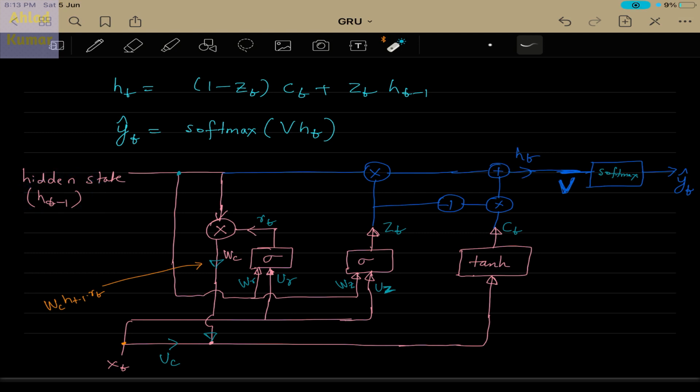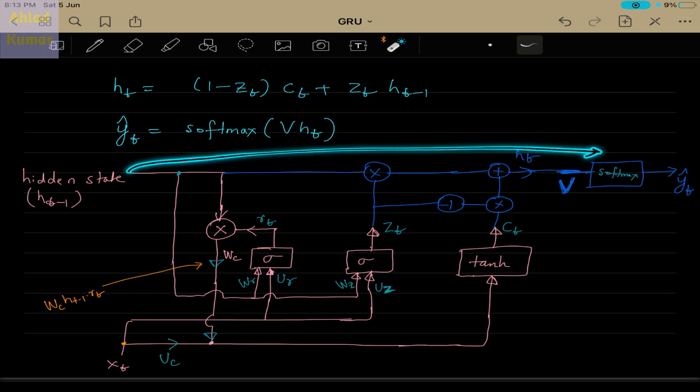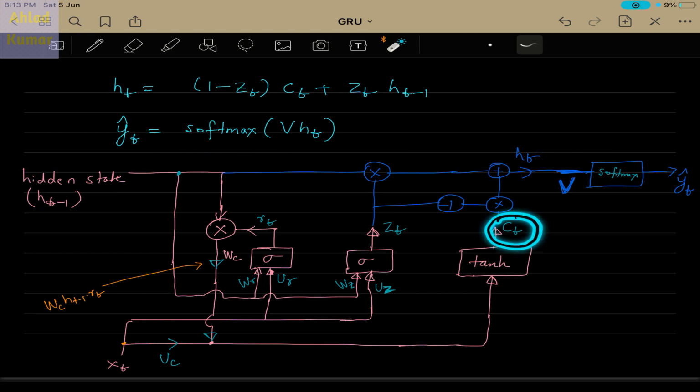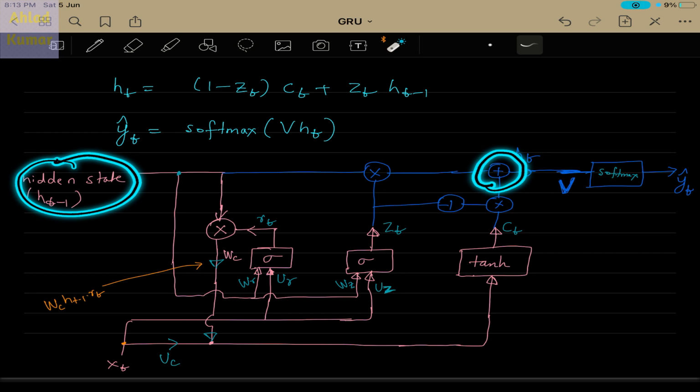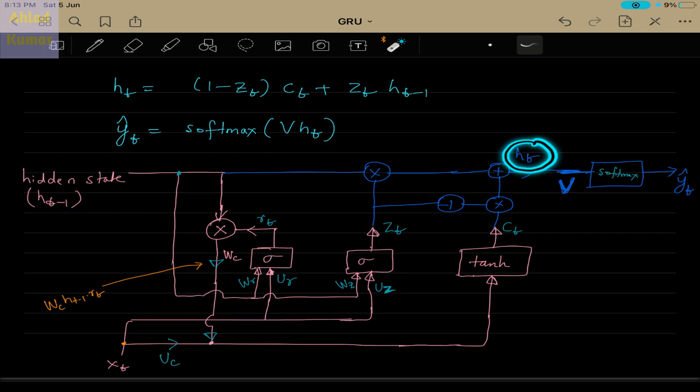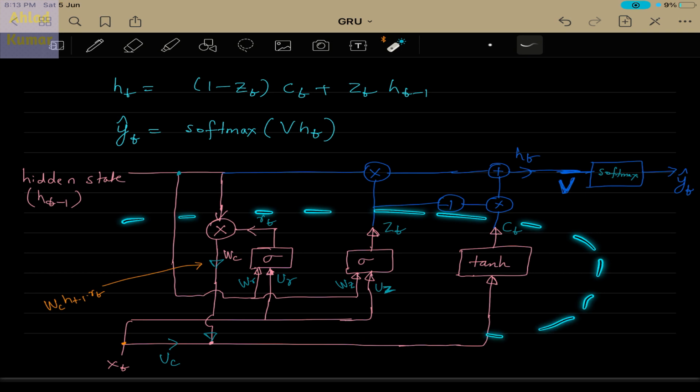The important thing is, zt helps us in retaining the information which is important in the previous time step to be passed to the next time step, whereas the candidate ct will add extra information to the previous time step ht-1, so that the new information which is coming here as ht will have added information from this particular operation.